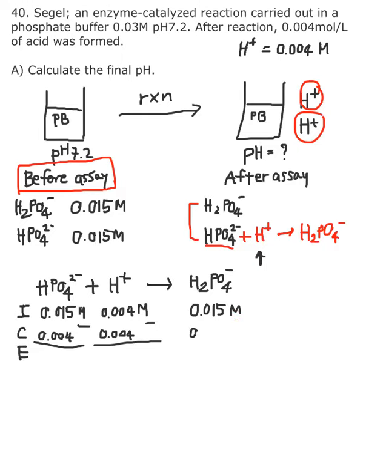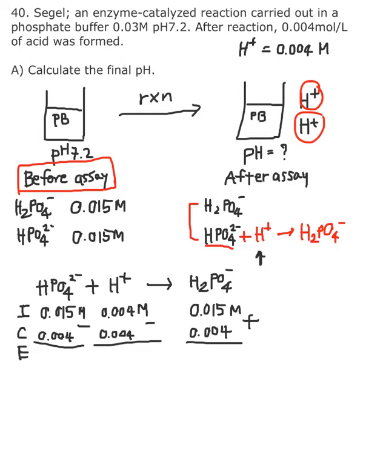So one equivalence of proton binds to one equivalence of HPO4 2-, and then it creates one equivalence of H2PO4 minus. And you have to add it to the initial concentration for the product part.